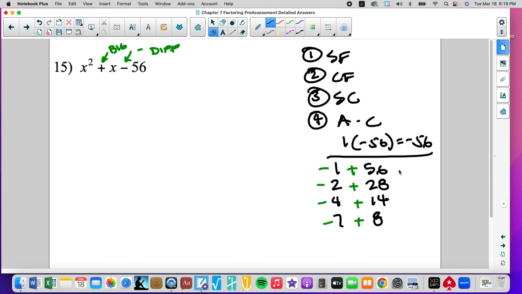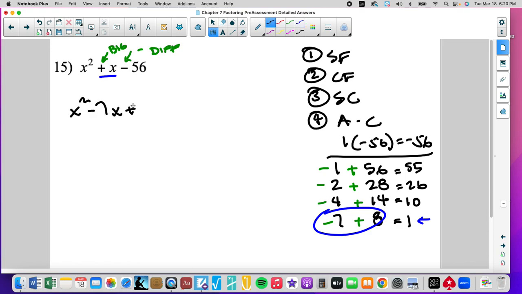And now we're going to add them. That gives me 55, 26, 10, and 1. And this coefficient is 1. So I'm going to use negative 7 and positive 8, x squared minus 7x plus 8x minus 56.